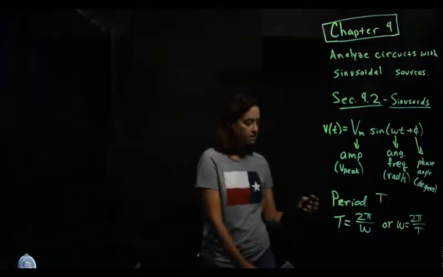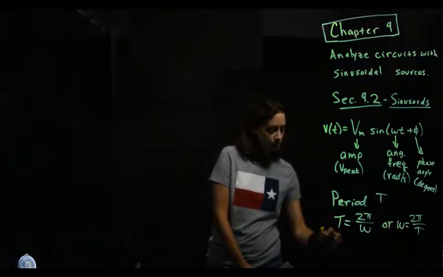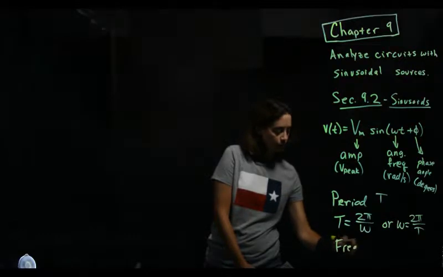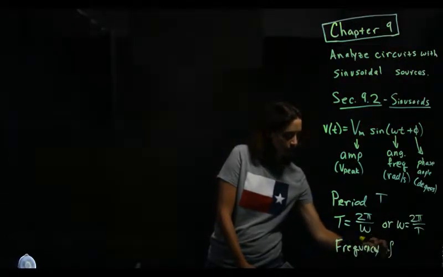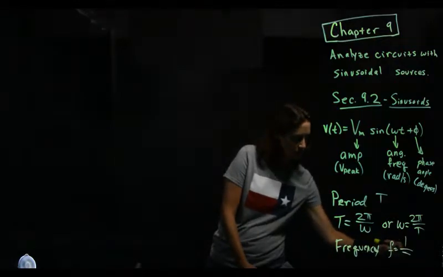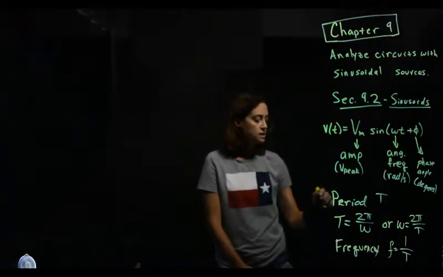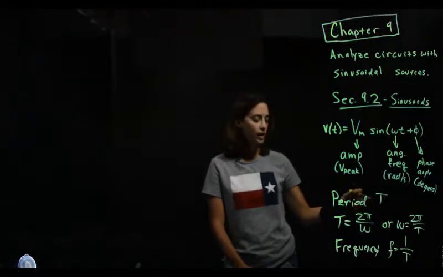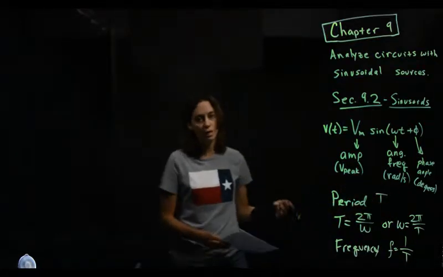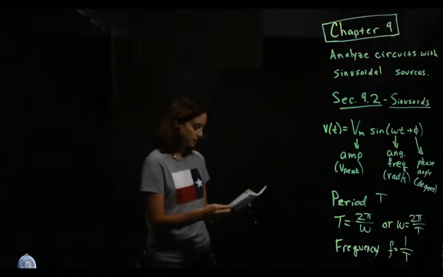And we can find our cyclic frequency, lowercase f, and that's 1 over T. So we use these in the lab, and these are equations you're expected to know. You should memorize these because you'll use them over and over again in this class and in other classes.